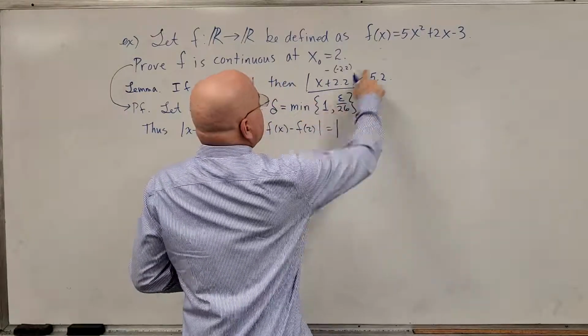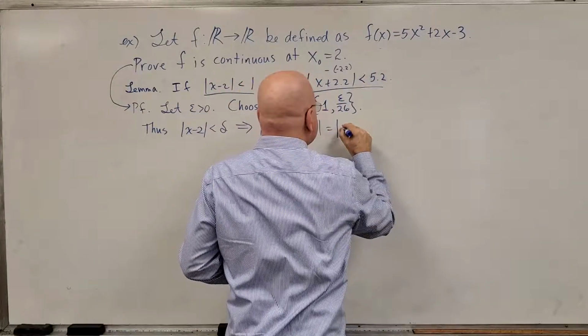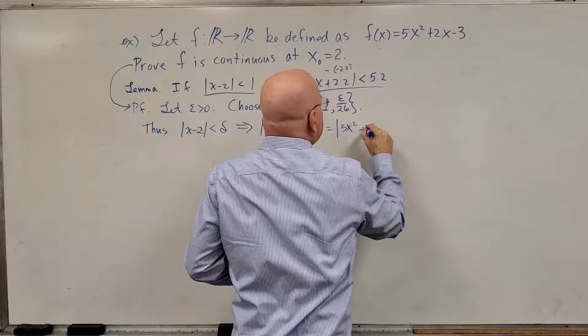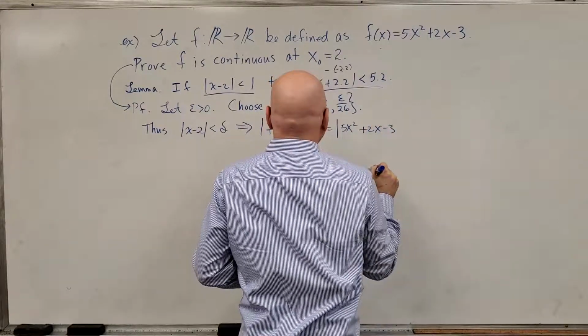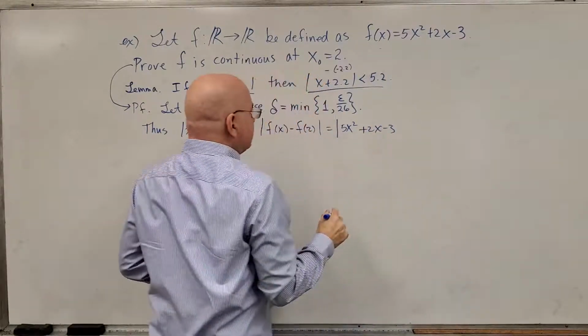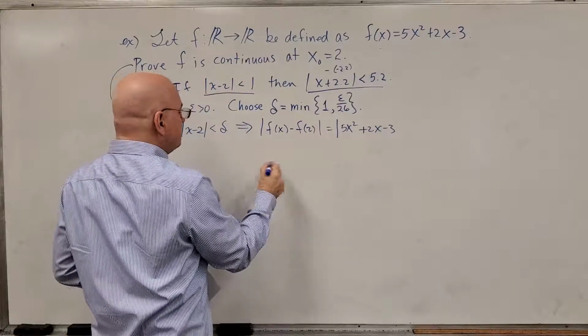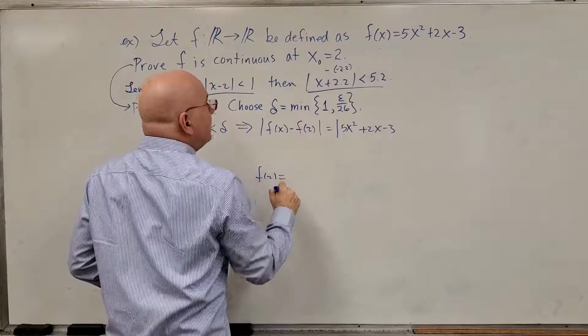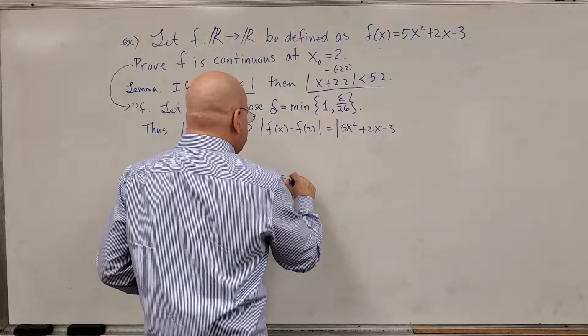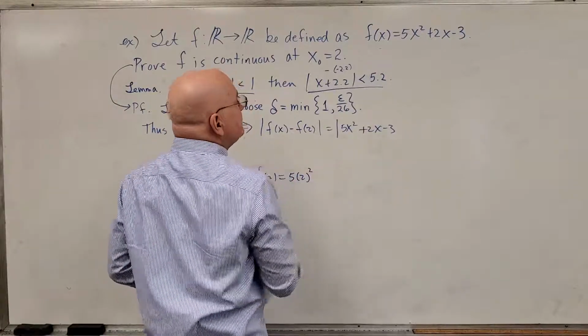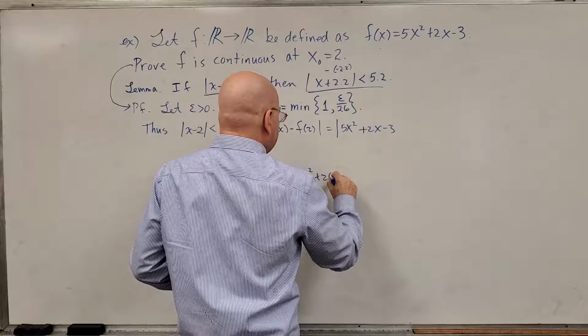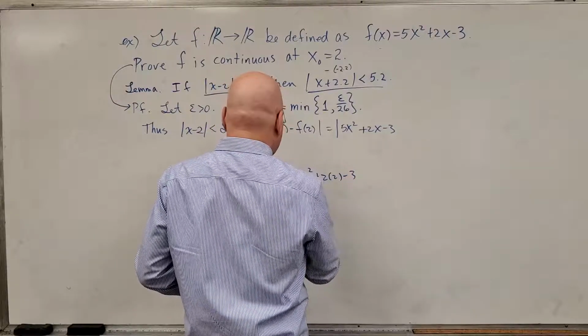F of x is this, 5x squared plus 2x minus 3. And I need to subtract f of 2. All right, scratch paper. F of 2 is going to be 5 times 2 squared plus 2 times 2 minus 3.